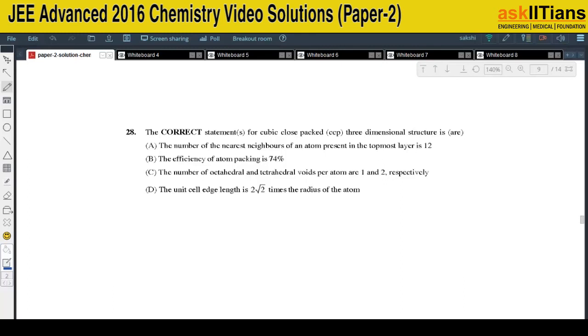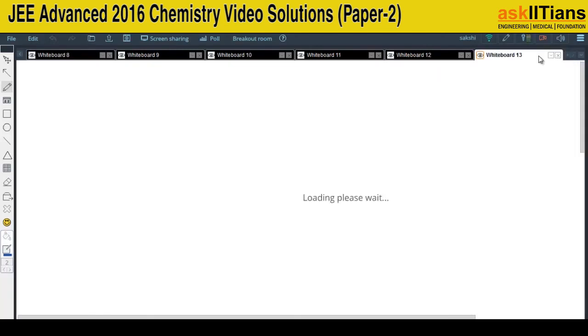The efficiency of atom packing is 74%. The number of octahedral and tetrahedral voids per atom are 1 and 2 respectively, and the unit cell edge length is 2 root 2 times the radius of an atom. Fine enough. Having read all the options, now I'll tell you certain points, and then we'll try to coordinate which points are correct and which are not.